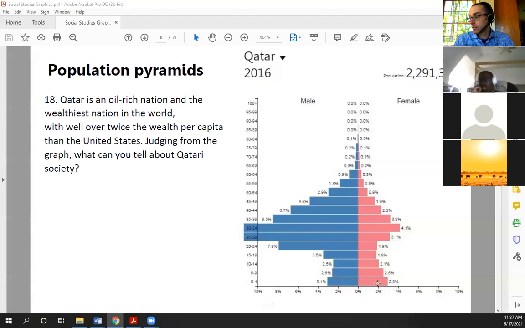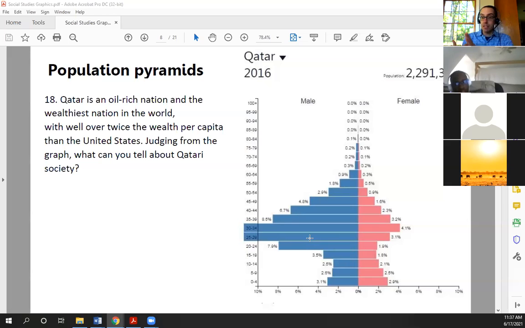The children are pretty equal, right? Left and right, boys and girls. So I think they hire people from other countries. Yeah, exactly. They need workers. These young men are not Qatari born. They're immigrants, exactly, which is still going to show up on this chart.